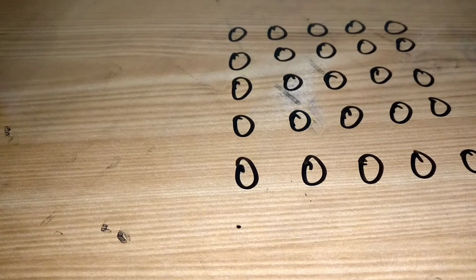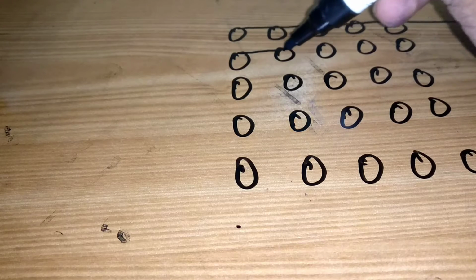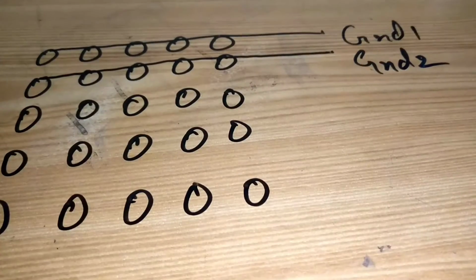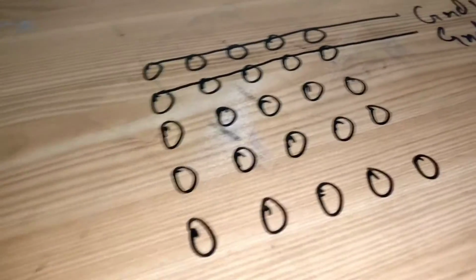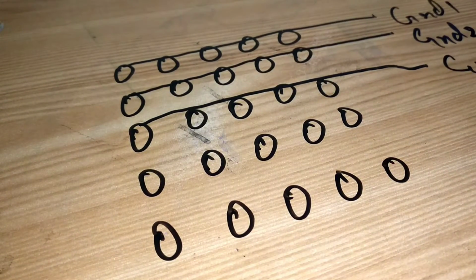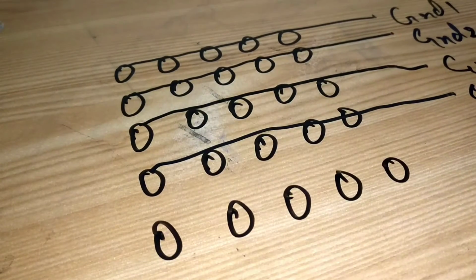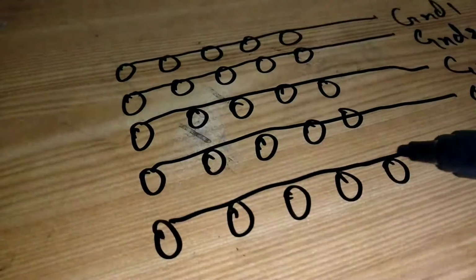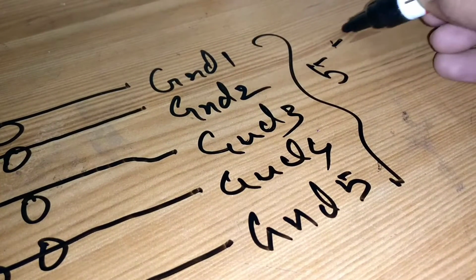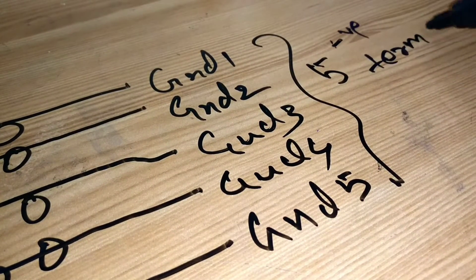If we take all rows as ground, first row ground 1, second row ground 2, third row ground 3, similarly ground 4 and ground 5. 5 negative terminals.